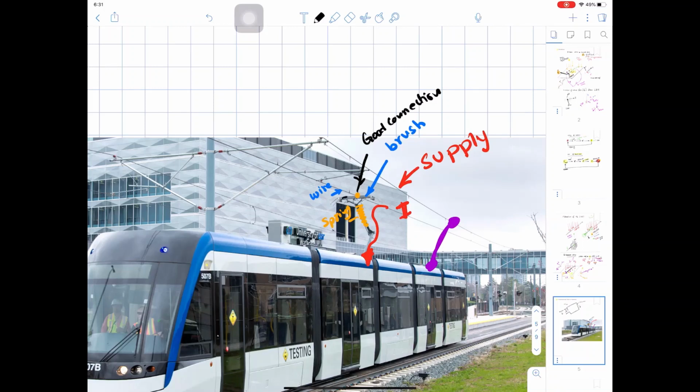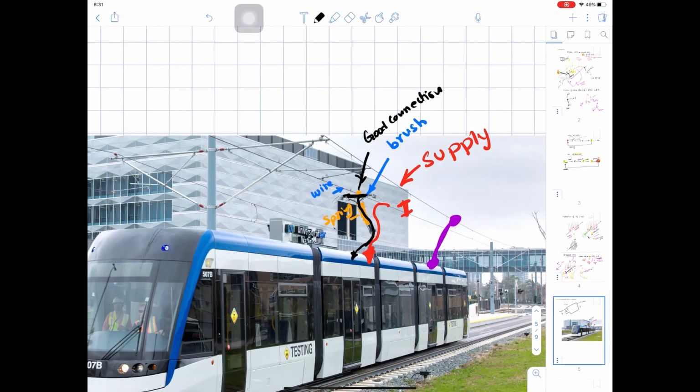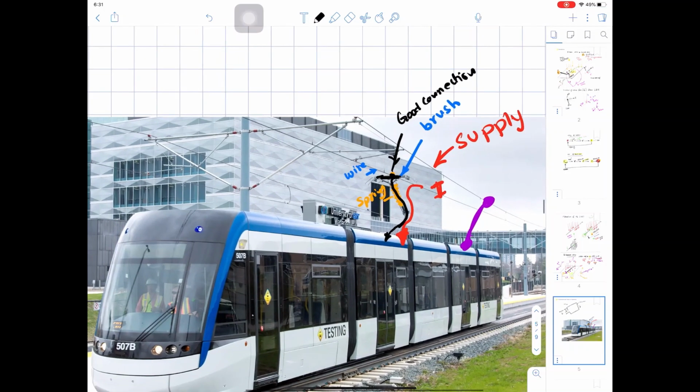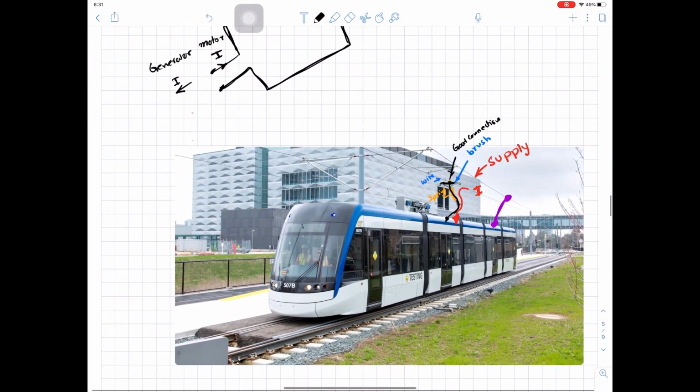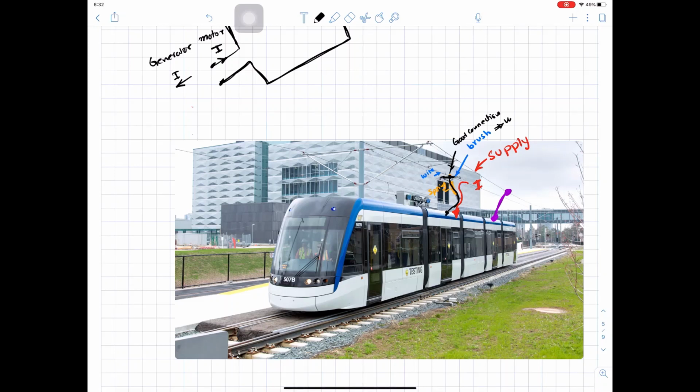So this brush here is conducting material which is connected to the cable going inside the car to supply the car, and the spring is pushing this brush against the wire to keep good contact while this car is moving. And this brush is made from a soft material, so with time the wear and tear will happen to the brush, not the wire. So you can change the brush regularly during maintenance.